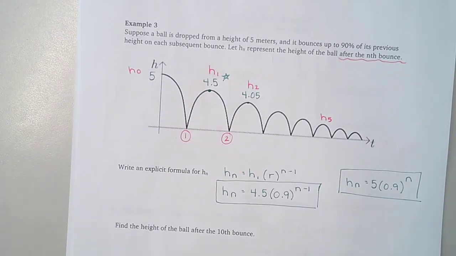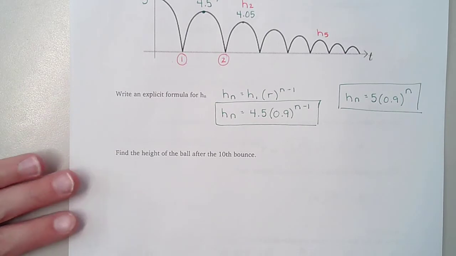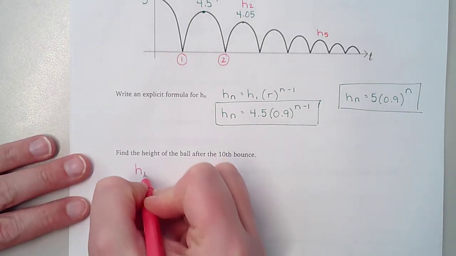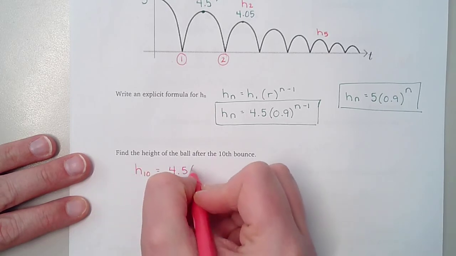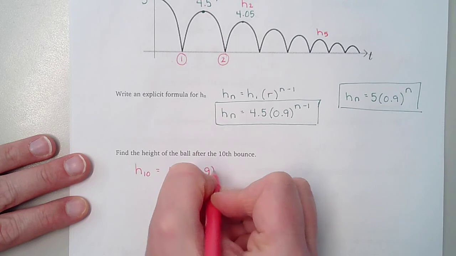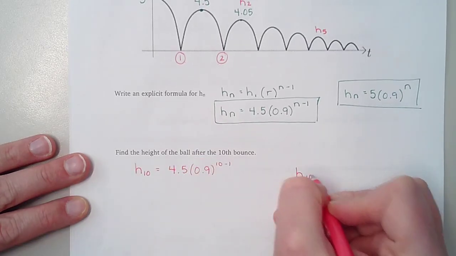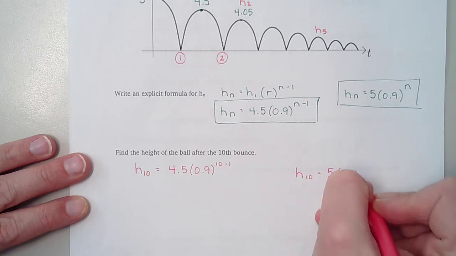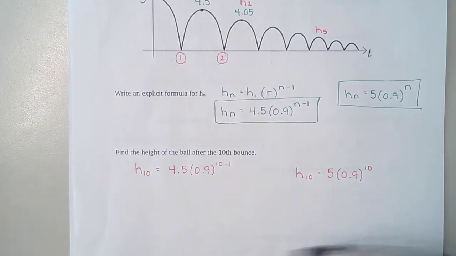To find the height of the ball after the 10th bounce, you could do this with either one of those formulas. We're going to test it with both and make sure they come out the same. If I want h10, I could do 4.5 times 0.9 to the power of 10 minus 1. Or I could do my initial value of 5 times 0.9 and just go to the power of 10 instead of 10 minus 1.